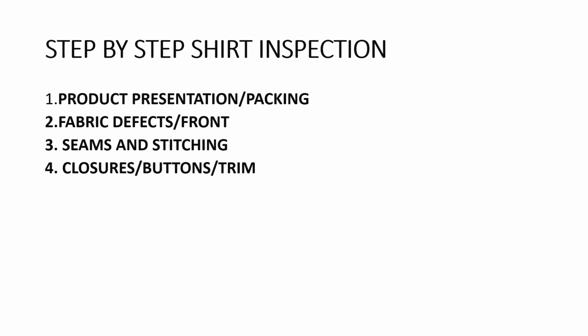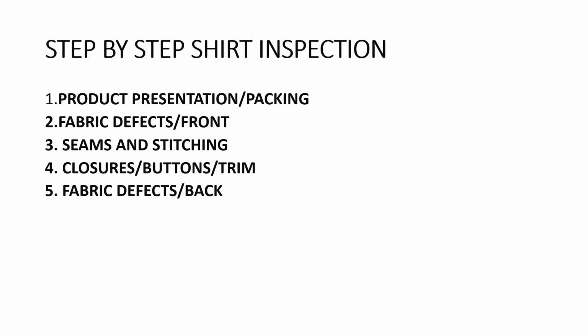Next comes the seams and stitching, and the fourth step is the closure of buttons, trims, etc. So this is the sequence, students, the sequence of operations in the shirt inspection. So we talk about product presentation or packing first, then the fabric defects at the front area, seams and stitching, closures, buttons and the trims. So these are to be inspected in the sequence.